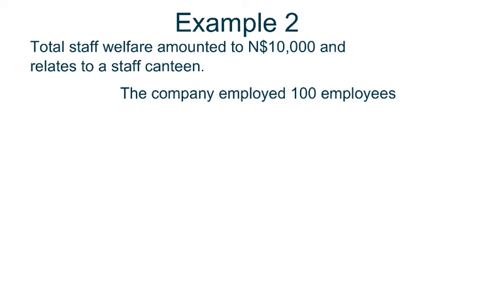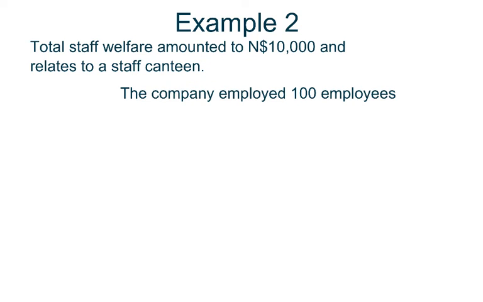If we look at example number 2, we have a staff welfare expense of 10,000 Namibian dollar, and we have a staff complement of 100 employees. Now, a staff canteen is basically a cafeteria where the staff can go and they can have meals at a very affordable fee or even for free.